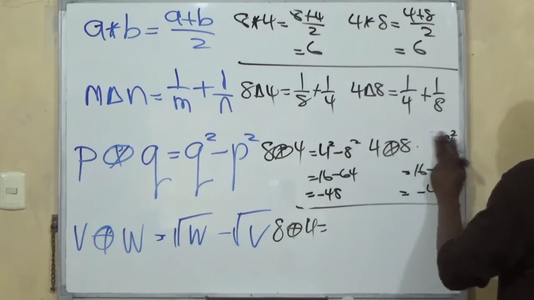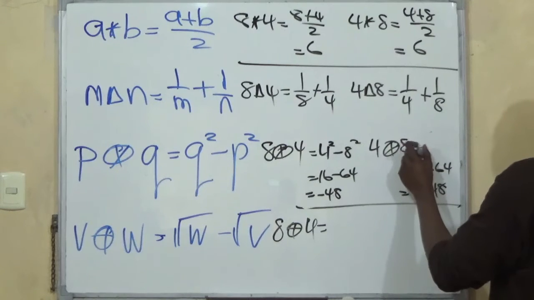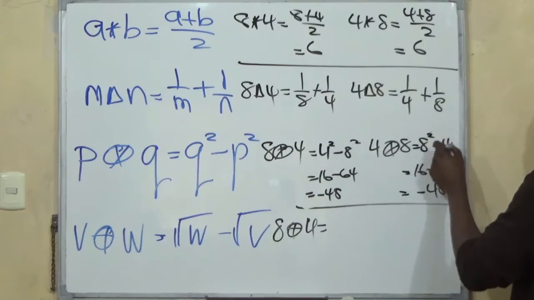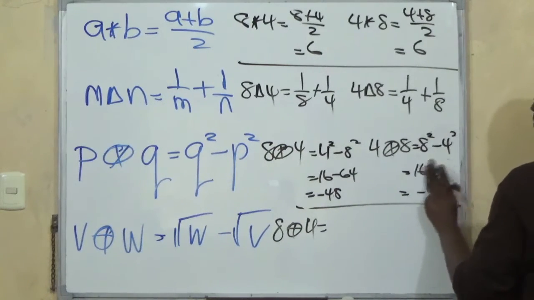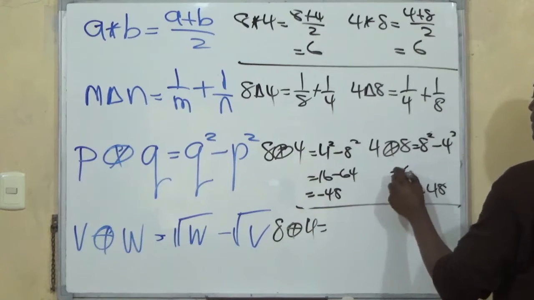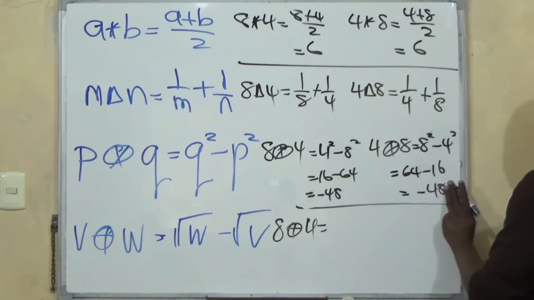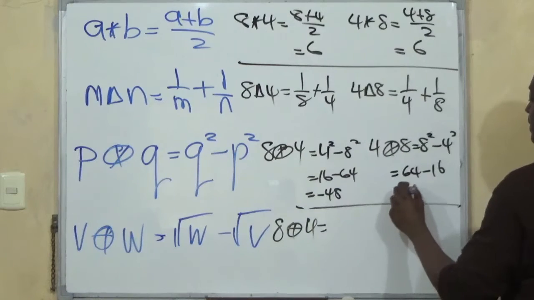This here would be now 8 squared minus 4 squared, which would be 64 minus 16, which would be 48.